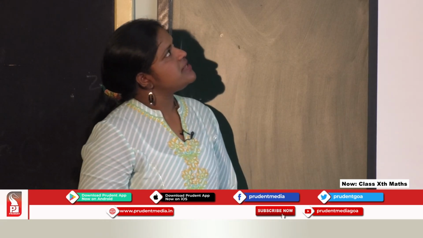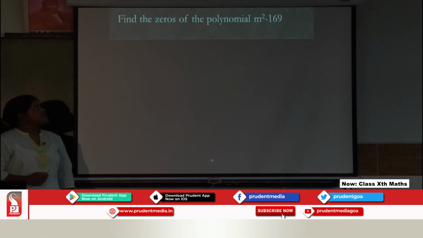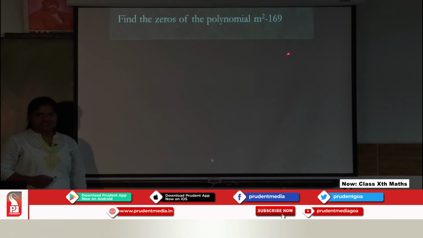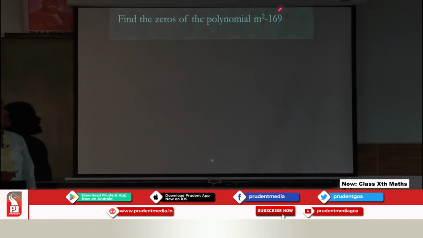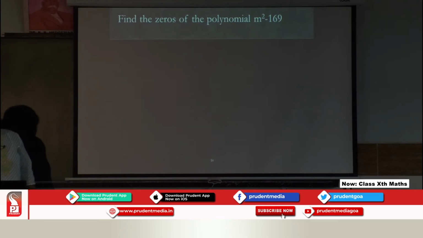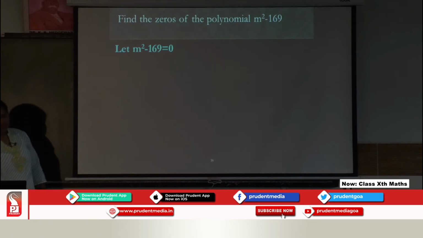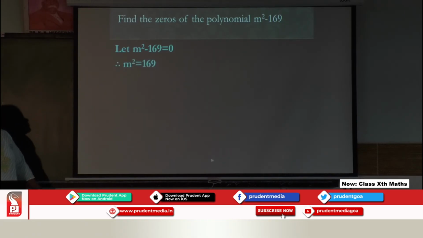Let us have one more example. Find the zeros of the polynomial m² minus 169. The only difference between these two problems, the first which I had done just now and this one, is that in the earlier case that was not a proper square, but this is a proper square. So let us equate it. First, I have m² minus 169 is equal to 0. Therefore, m² is equal to 169. Just shift this number to the other side.